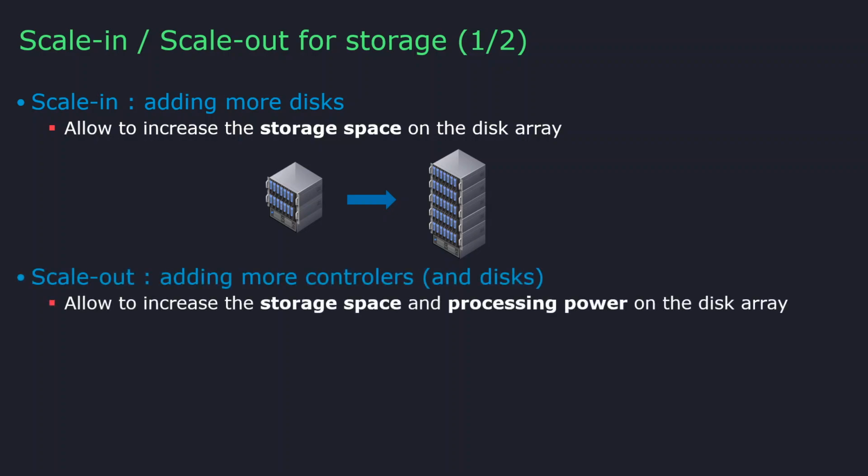Another solution is called scale-out. It means that you can not only increase the storage space, but also the processing power available on your disk array. How does it work?